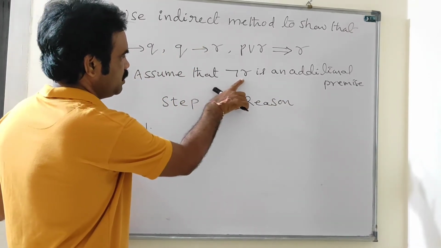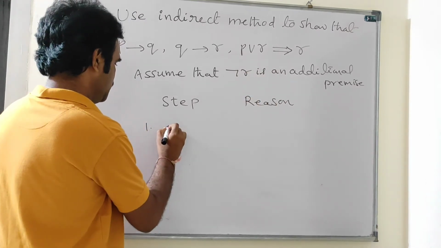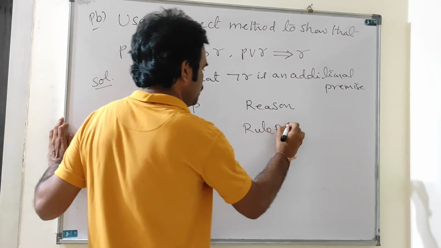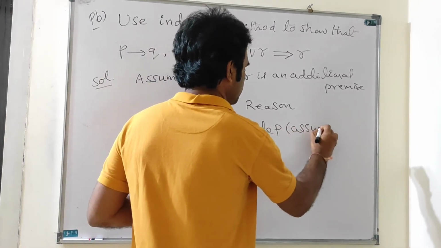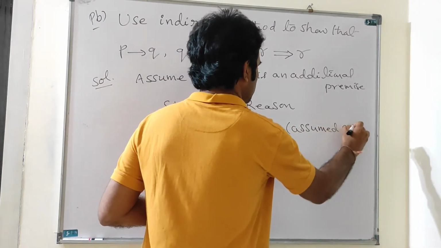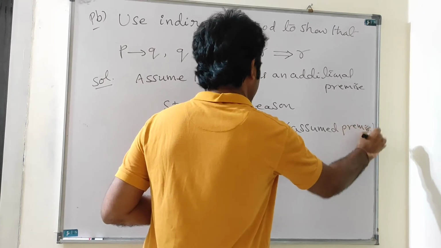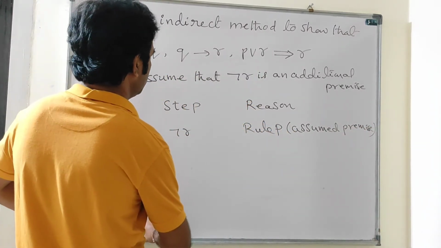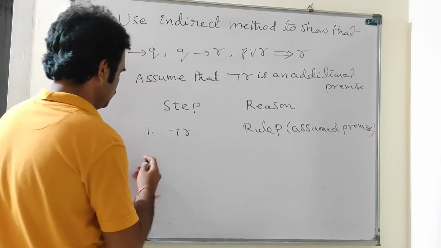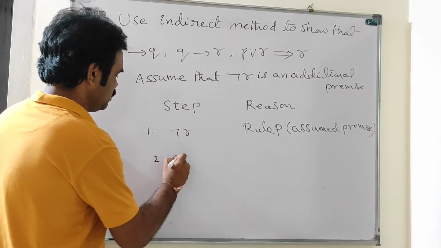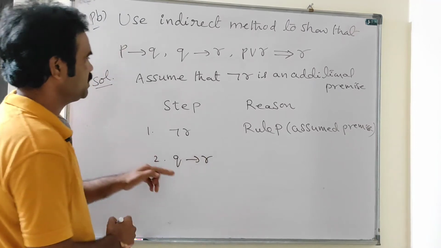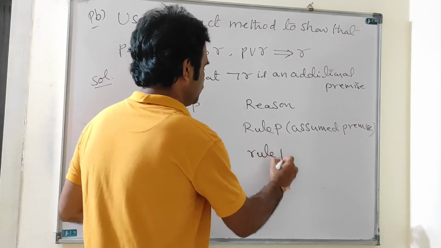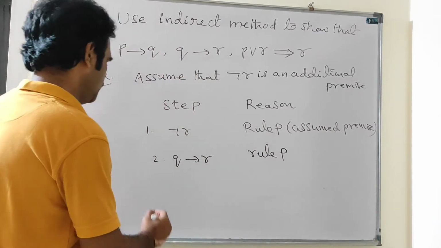Assume that negation R is an additional premise. That means negation R, rule P, assumed premise. Okay. Next, Q implies R. This is in the given premises. Q implies R, rule P.